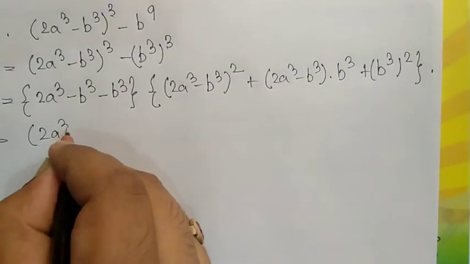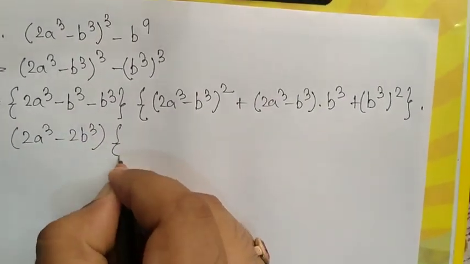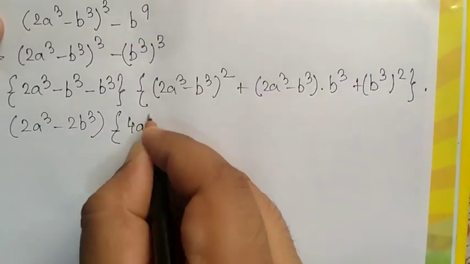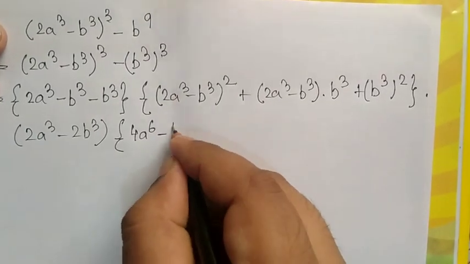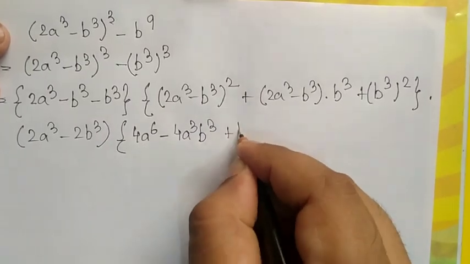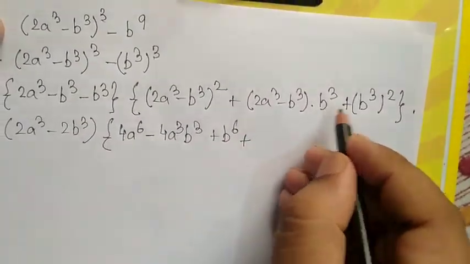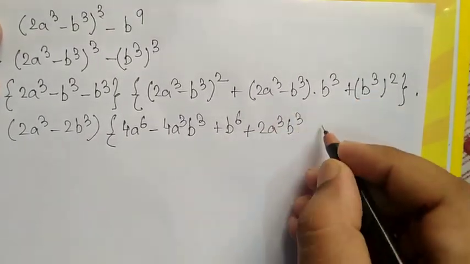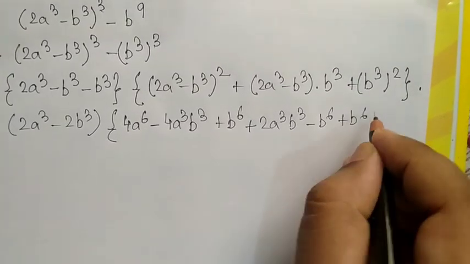Now 2a cube minus 2b cube, a minus b whole square. So this should be 4a to the power 6 minus 2 into 2, 4a cube b cube, plus b to the power 6, minus plus 2a cube into b cube, 2a cube b cube minus b to the power 6 plus b to the power 6.